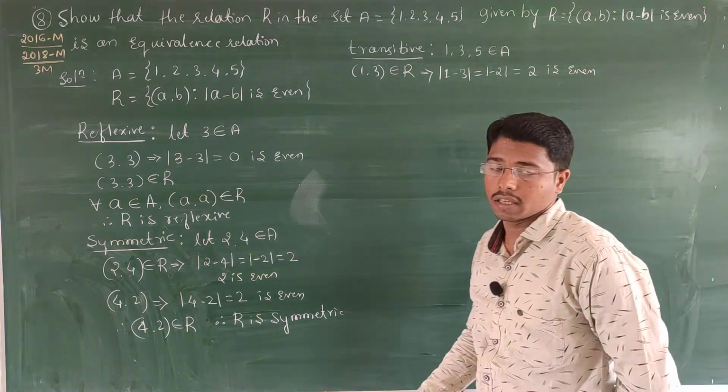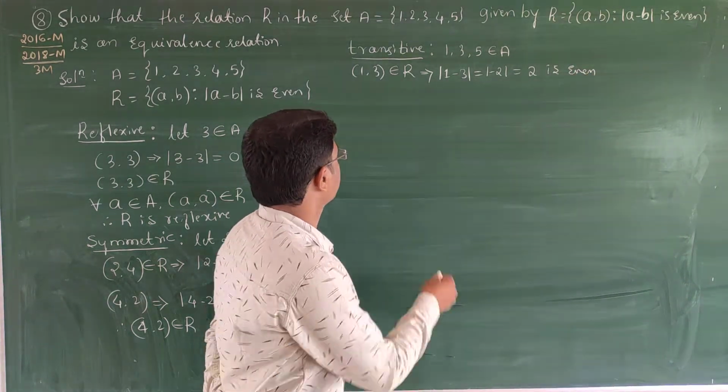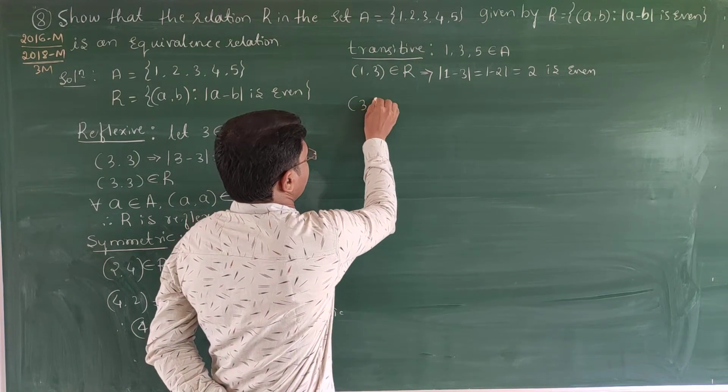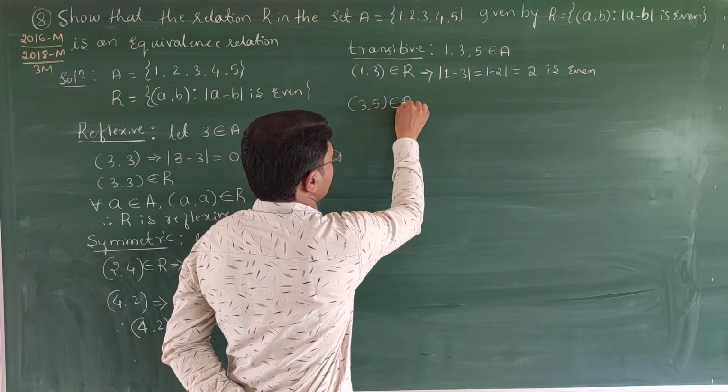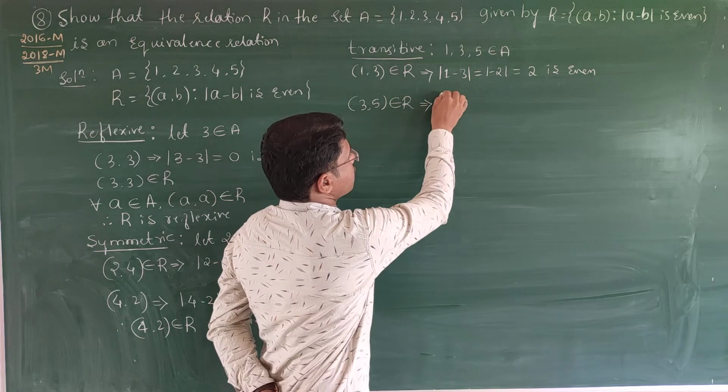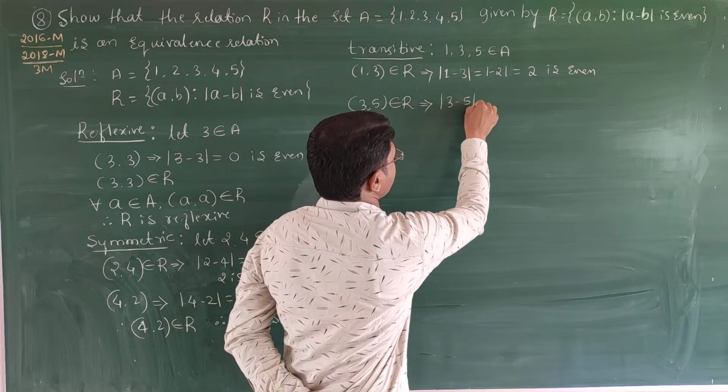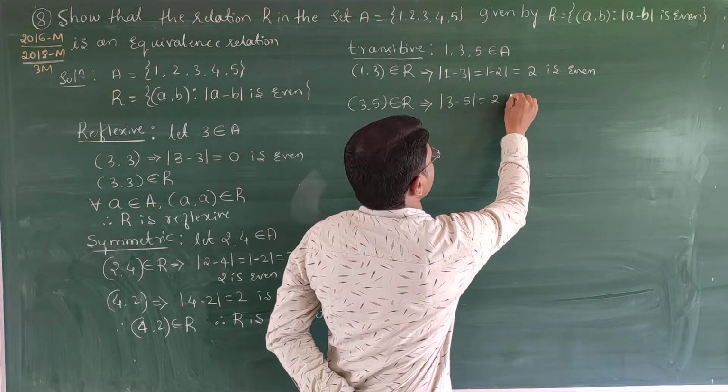Next (3, 5) belongs to R. This implies |3 − 5| is equal to 2, an even number.